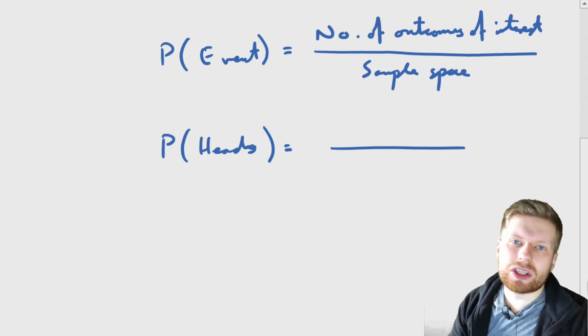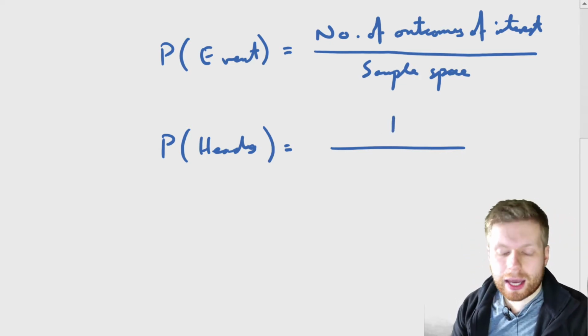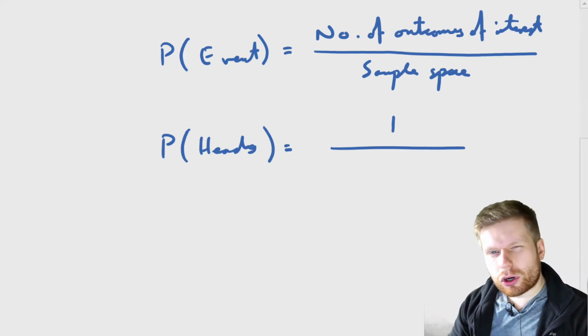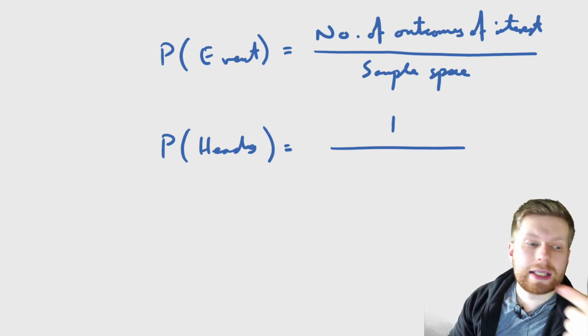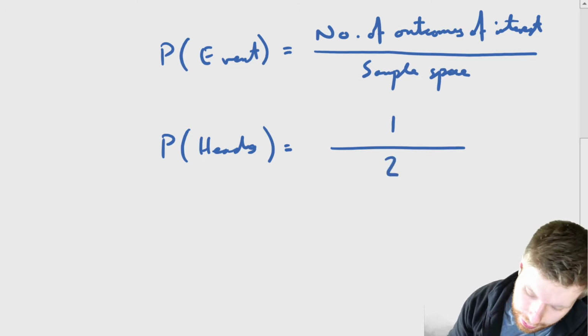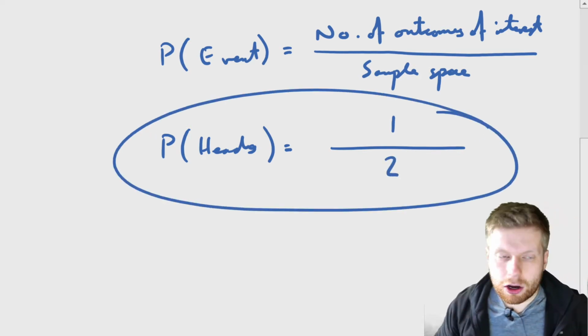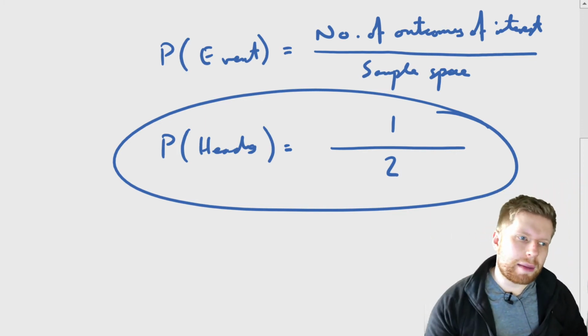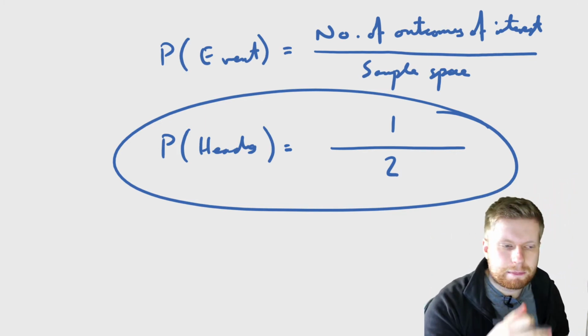How many heads are there on a coin? There's one. The sample space is the total number of things that can happen. On a coin, you've either got heads or you've got tails. There's two things that can happen there. So therefore, the theoretical probability of getting a heads on a fair coin should be a half. In other words, half the time you should get a heads.